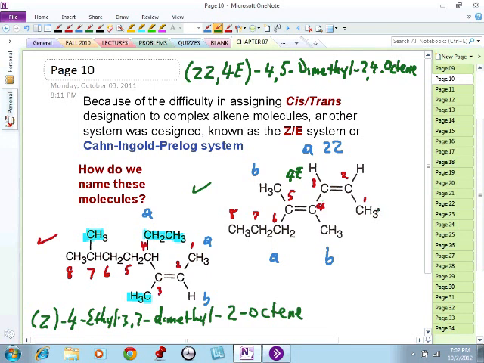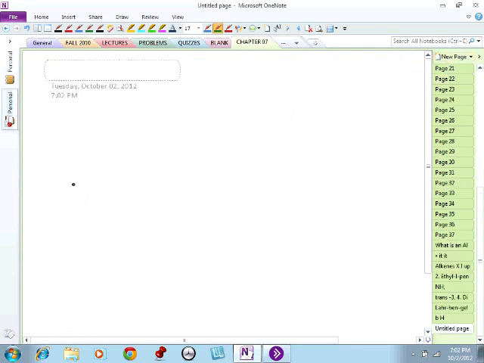I told you that there are certain instances where we cannot use cis and trans. I remember I gave you this example here. Supposing we have this, the question is, why do we need this E-Z system? As I told you, supposing we have this.